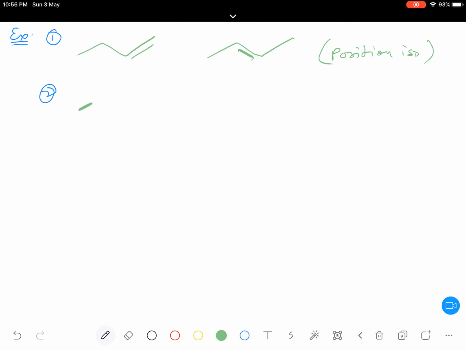Second one, let's take this again, Cl. Correct. So in the parent chain, if I observe 1 2 3 4 carbon here, 1 2 3 4. If I want to write the names of these compounds, the first one I will write as 2-chlorobutane. The second one will be 1-chlorobutane.